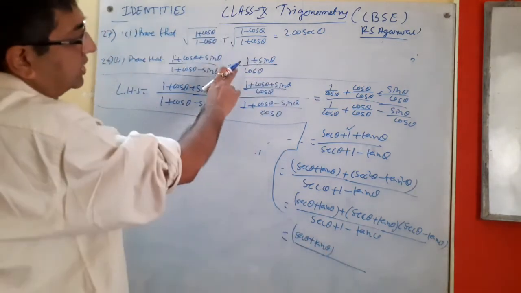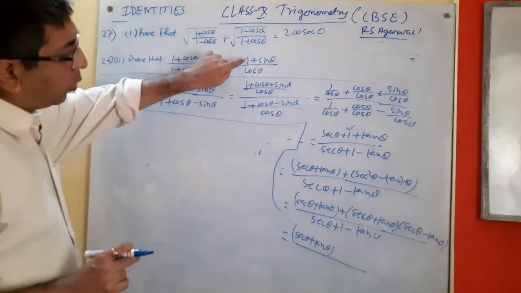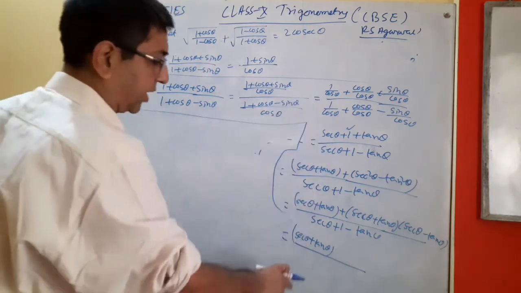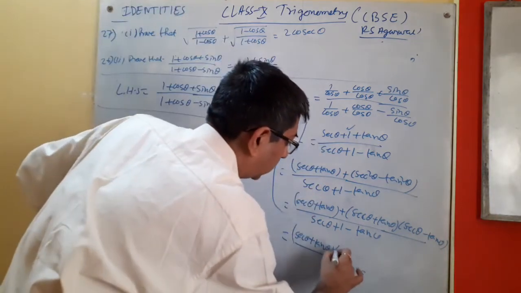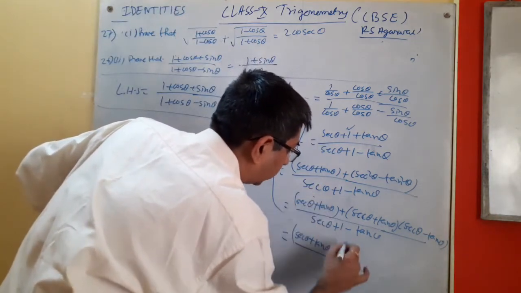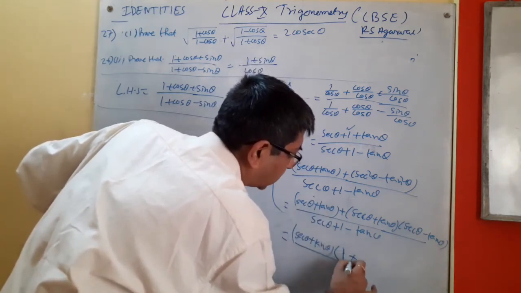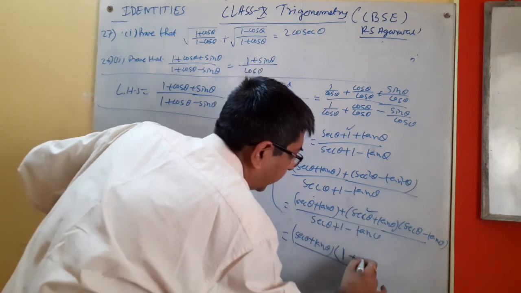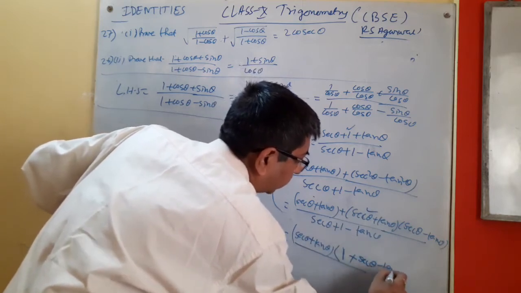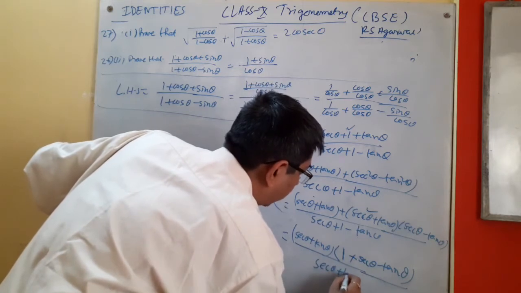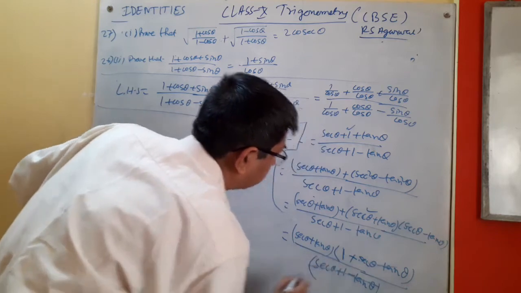Why sir? Look, this is nothing but sec theta plus tan theta. Why? 1 by cos theta is sec theta, sin theta by cos theta is tan theta. That is why we have done this one. Take common one. If you take common this one, so one is the residue part. 1 plus this one I have already taken, sec theta minus tan theta. Right? And this is sec theta plus 1 minus tan theta. Right? So these are equal.